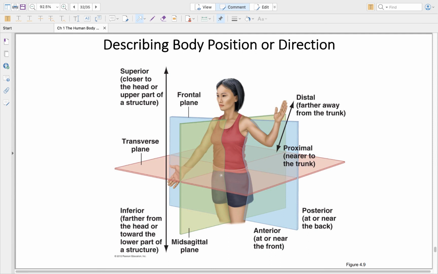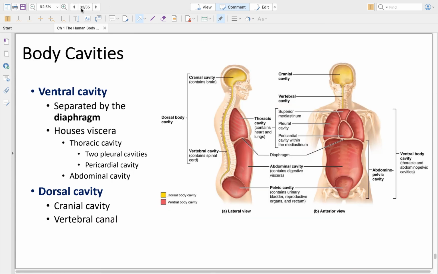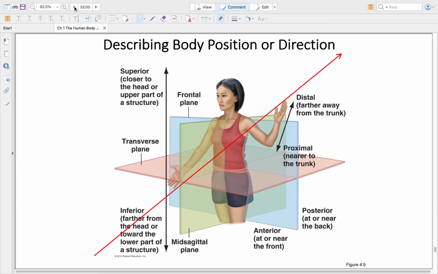And then the oblique is not in here, but I can add it in, and oblique is always going to be at an angle. Alrighty, very good. Now we're going to watch a quick video on these planes. They do a great job of showing you a full 3D animation of the planes. Okay, so hang tight.